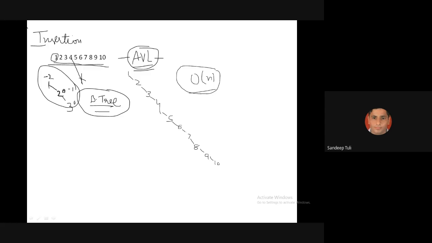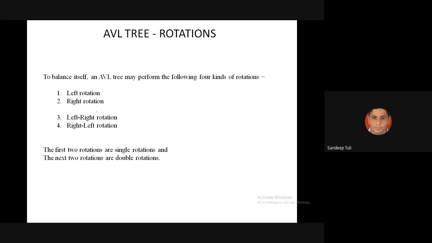Now how will that balancing be done? For that we are coming to rotation. The term rotation refers to making an unbalanced tree a balanced tree, or converting an unbalanced tree into a balanced tree. So have you got it?